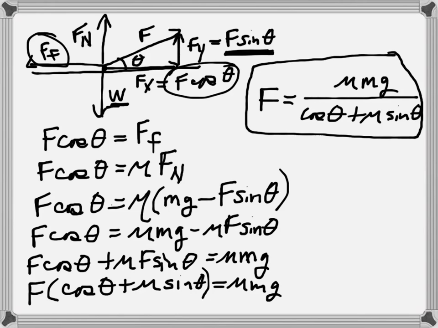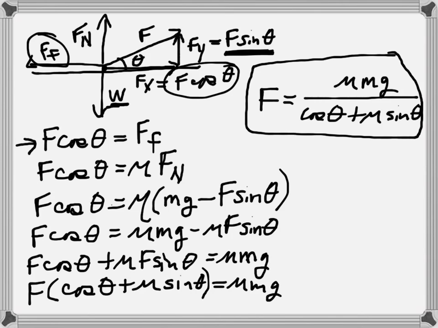You can do this problem later when you see it in the ELAB or on the competency and plug in numbers, but it's good to just always draw an FBD, start with what you know. We have constant velocity, so these two forces here in the first equation had to be equal. And we just sub things in and rearrange algebraically to solve for what we're trying to figure out.